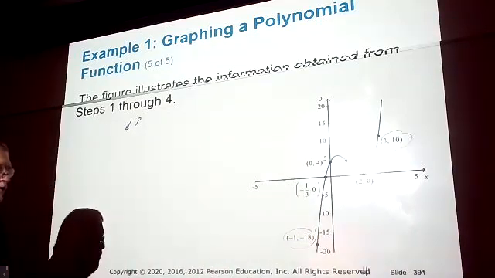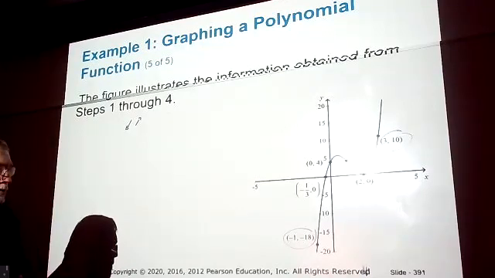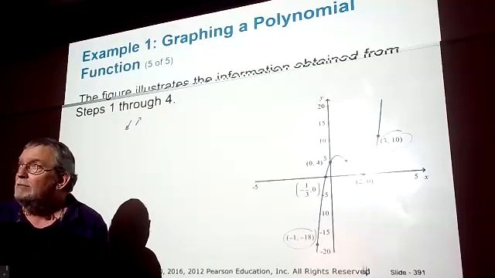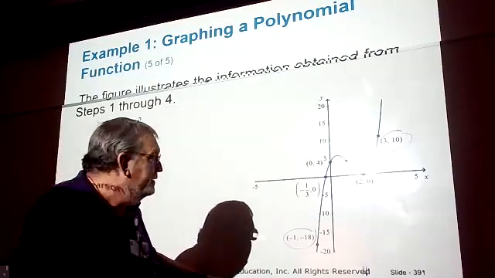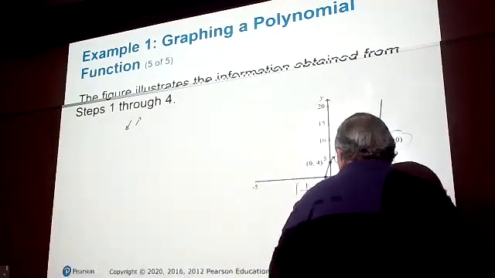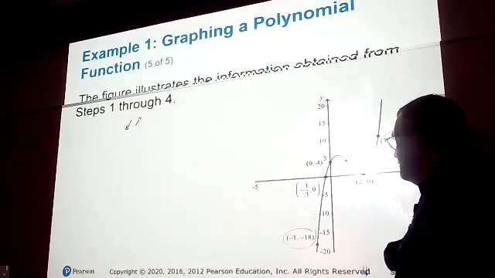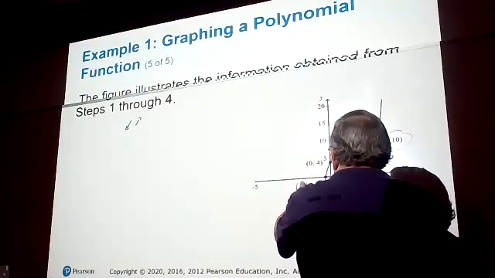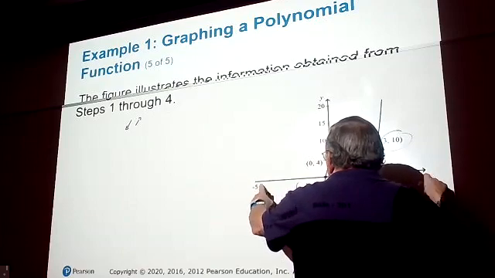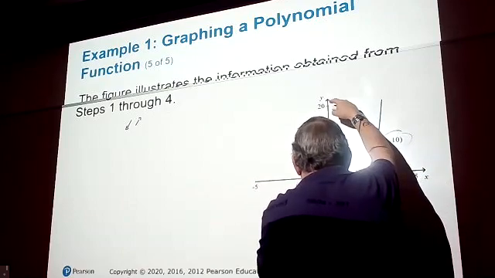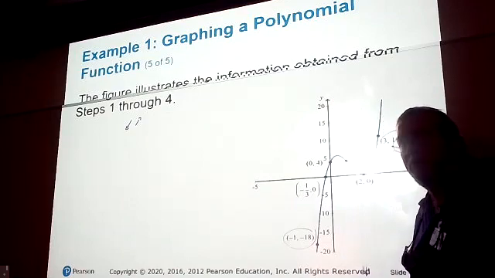They just made the scale fit the points that they found. That's all. And you can do that too. You can make your scale fit. The scale in the X direction does not need to be the same as the scale in the Y direction. So each point here in the X direction is 1 unit apart, where each point here in the Y direction is 5 units apart.